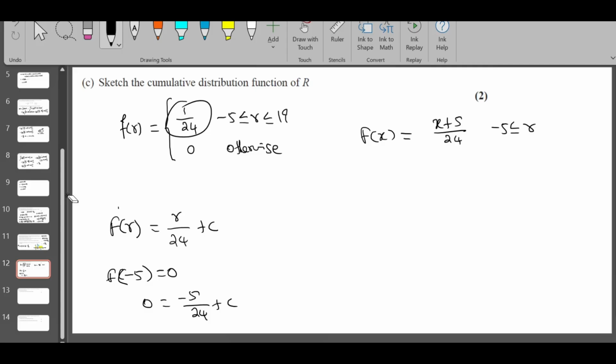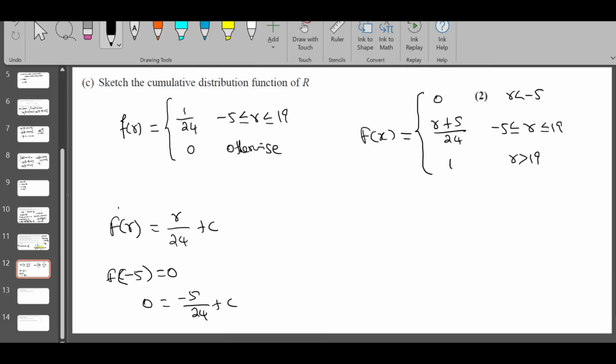So F of r is r plus 5 over 24 for r from minus 5 to 19, 0 when r is less than minus 5, and 1 when r is greater than 19. This is if they ask you to find capital F of x. But they just want us to sketch capital F of r.